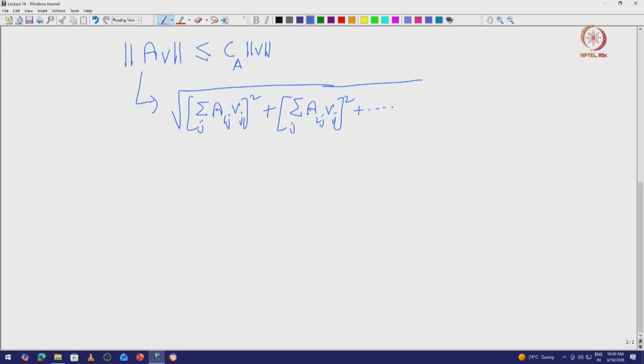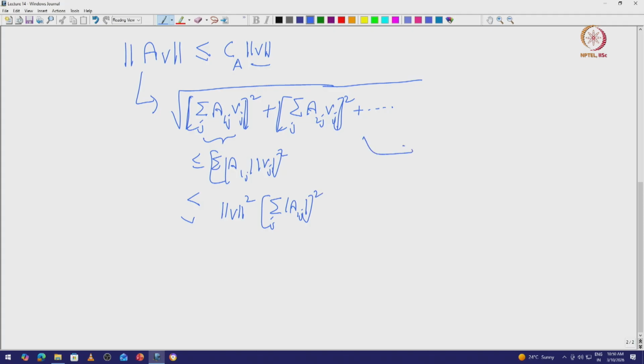Now at this juncture, it's certainly not very difficult to see how to get this. There are a number of ways of seeing this. For example, this is less than the modulus of this, if this were complex numbers, A1j Vj squared, which is less than the norm of V squared times A1j squared, and so on, right?